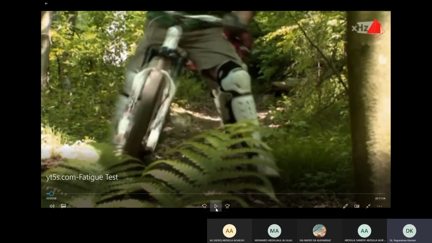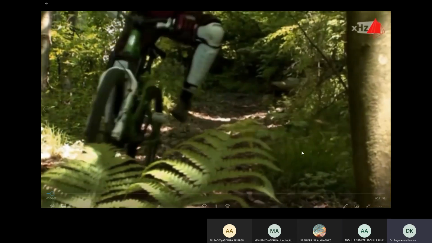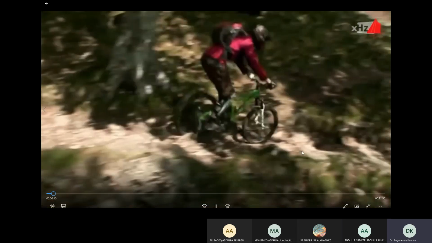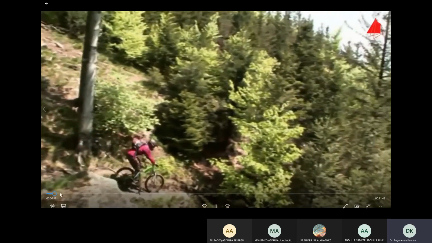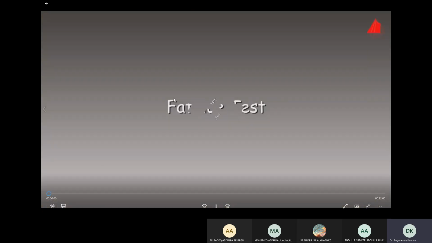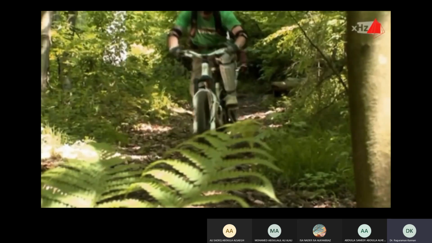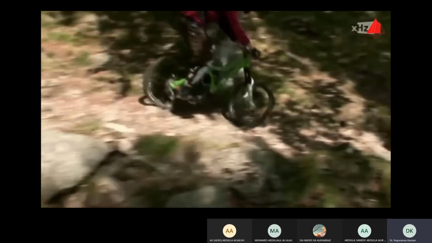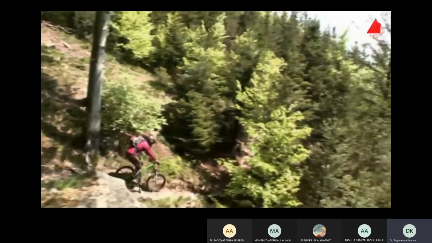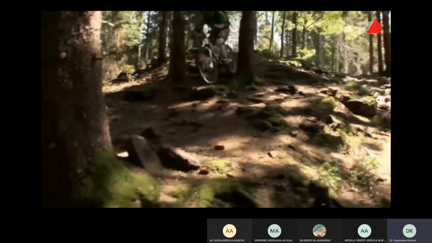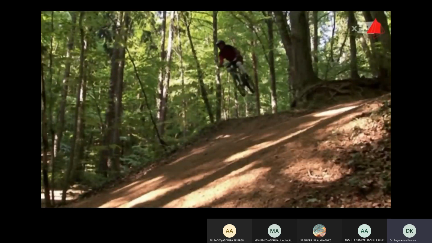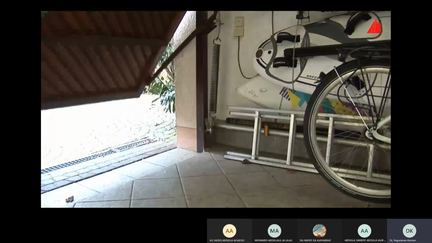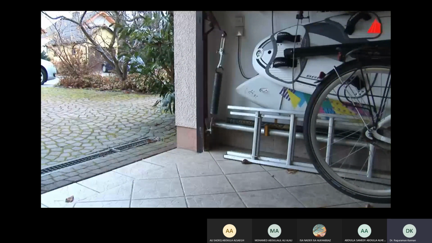Fatigue test. Many everyday items are not loaded uniformly, but rather non-uniformly with periodically changing loads. This is quite obvious in off-road biking. Frames, handlebars and wheels are subjected to high alternating mechanical loads. It is just as obvious in the case of a garage door spring.